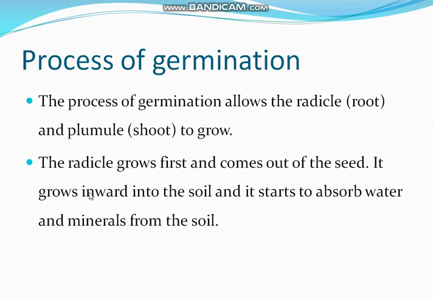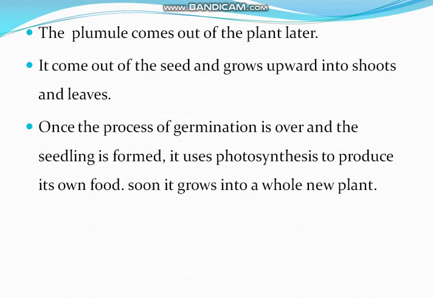It grows inward into the soil and starts to absorb water and minerals from the soil. Then the plumule comes out of the seed later, and grows upward into shoot and leaves.